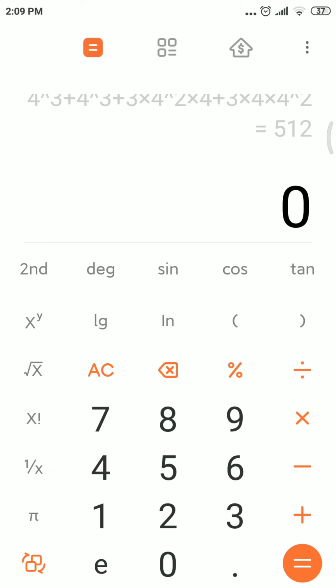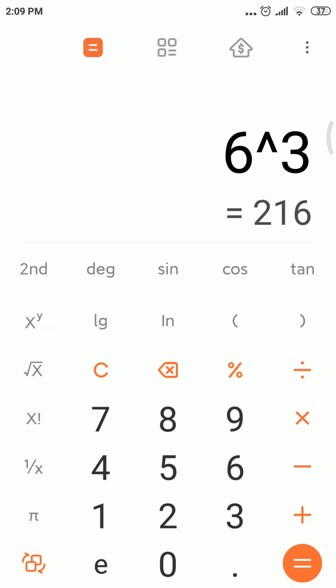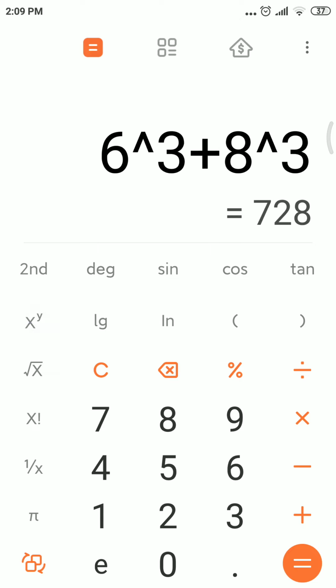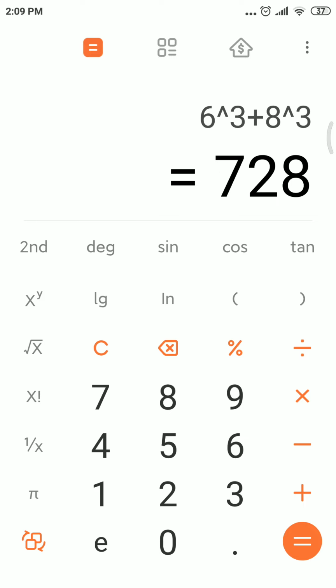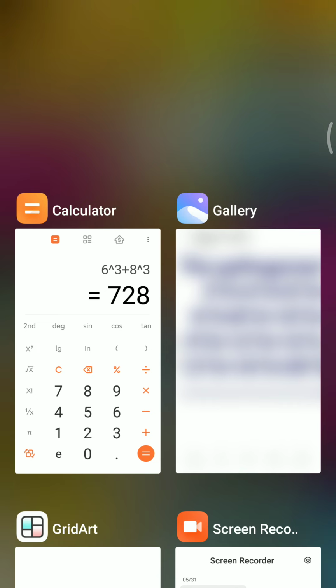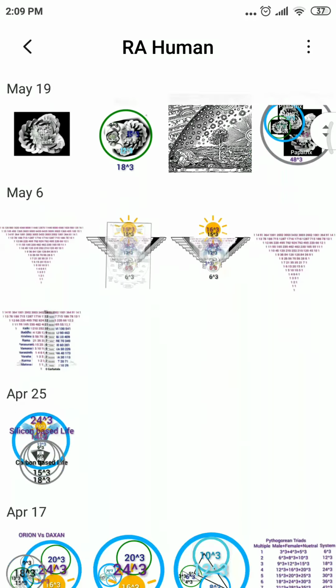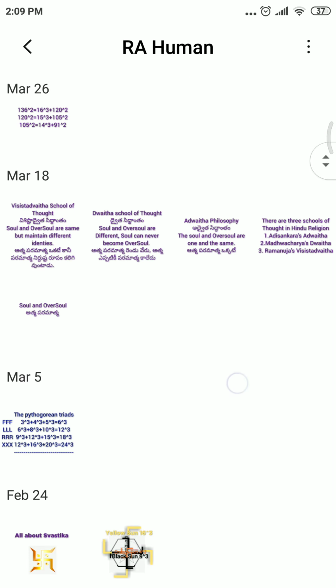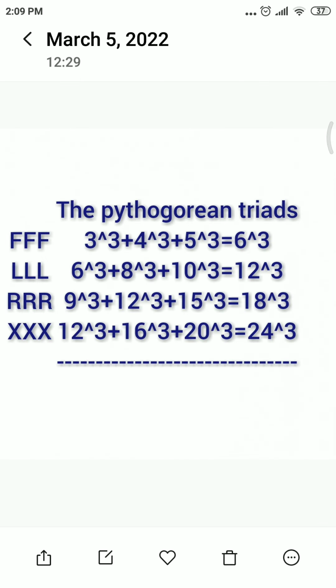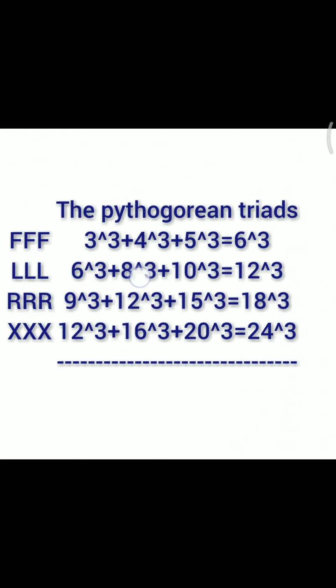If you take 6 cube plus 8 cube of the second Pythagorean triad, you get 728. In the sense, I am not saying it is quite the same, but it is almost, just one less than 9 cube.